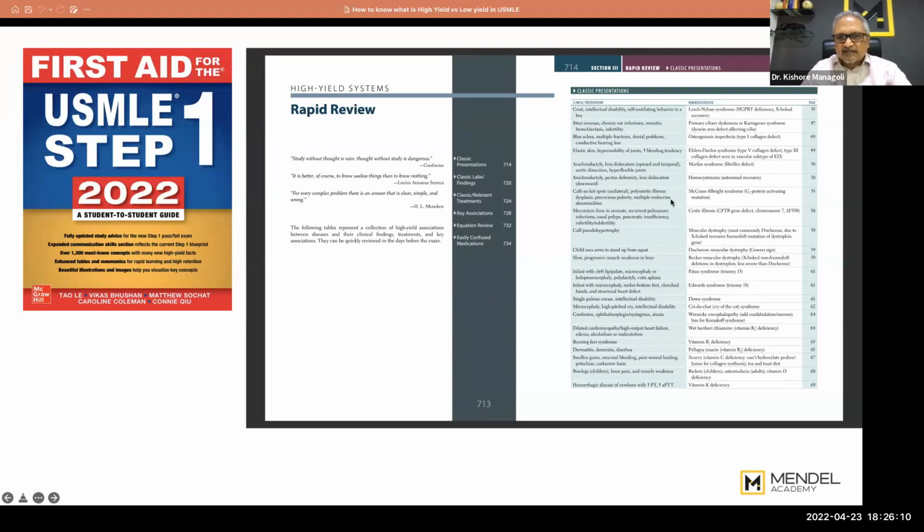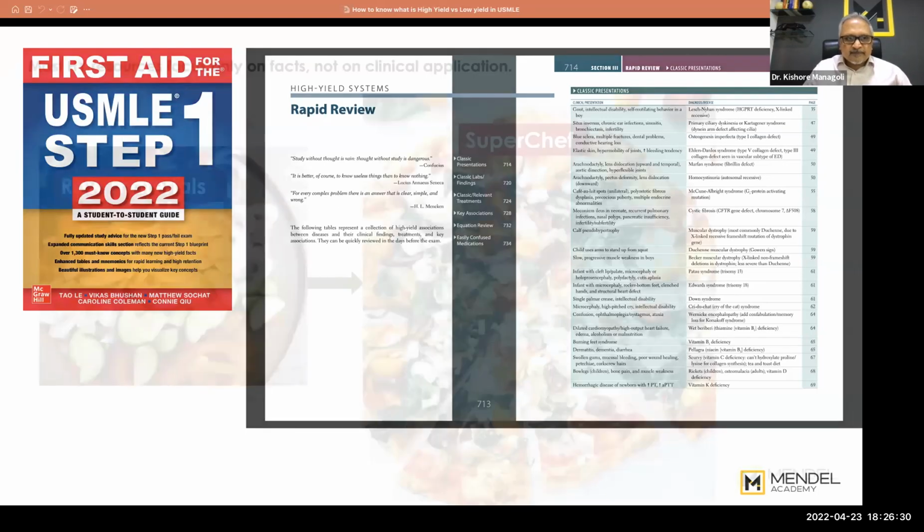These are fast facts for rapid review. So this will become useful to you towards the end of your preparation, when you really want to review everything rapidly, just like a week before your exam. So this is another resource. And again, all these resources have been included in our Superhit program.